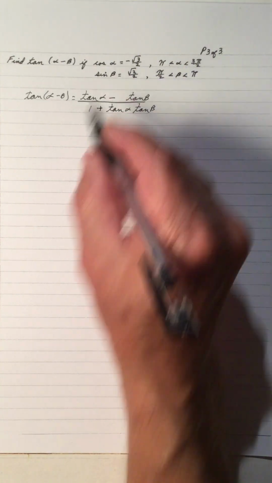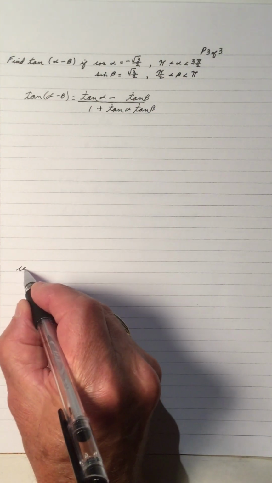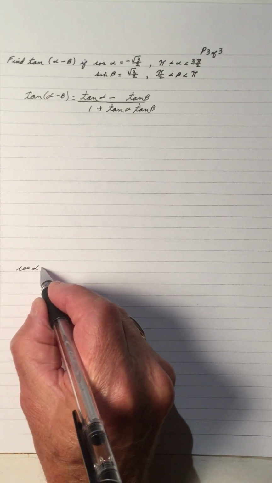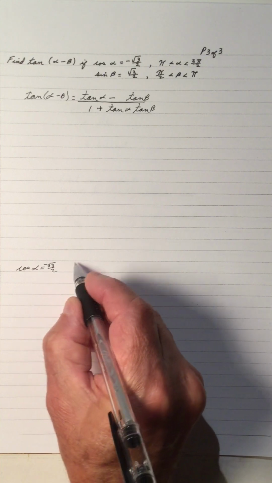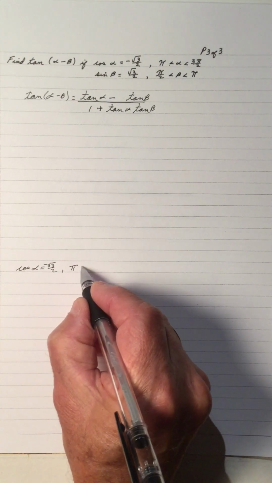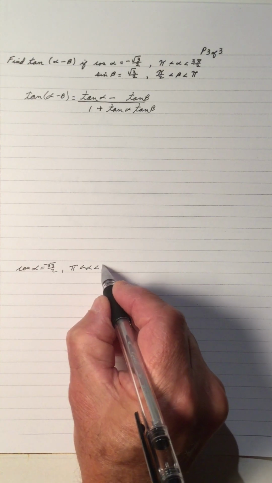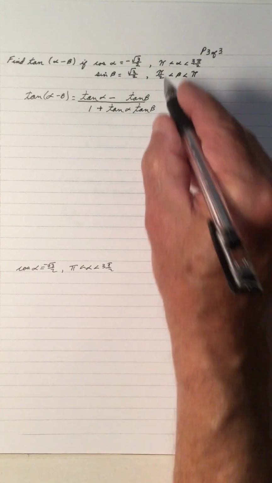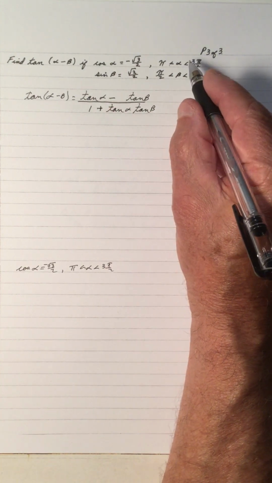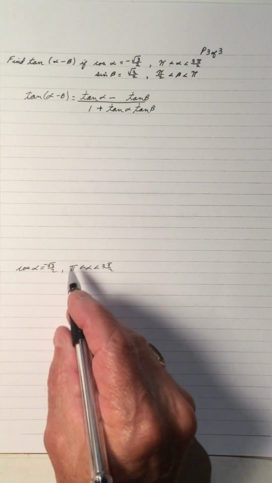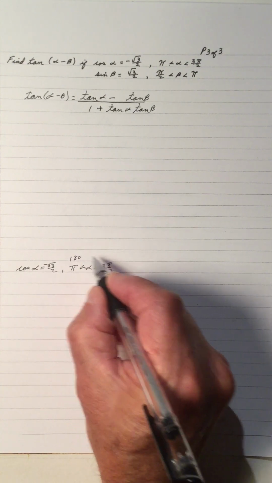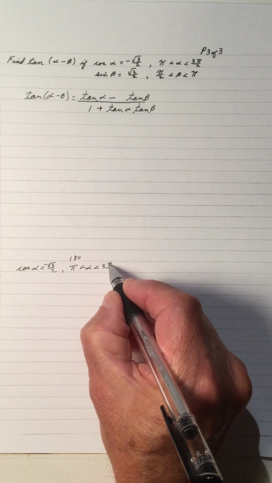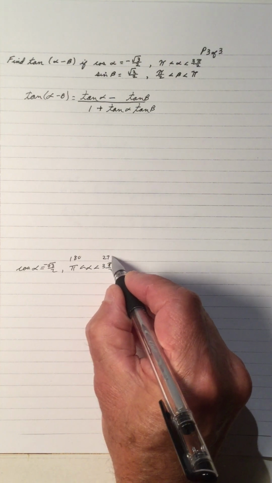So we have the cos of alpha is -√3 over 2, and we've got pi less than alpha less than 3 pi over 2. What I'm doing, I'm writing down this one. So we need alpha. Pi is 180, 3 pi over 2, pi over 2 is 90, so that's 270.